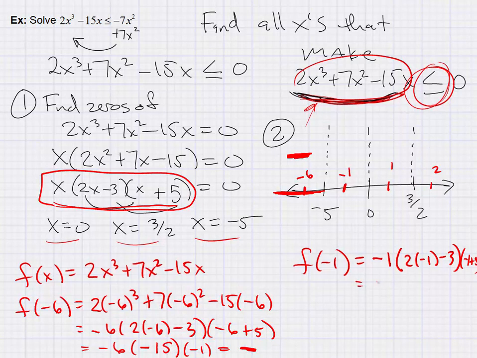So I get negative 1, this is going to give me a negative 5, and this is going to give me a positive 4. Negative, negative, positive, I get a positive value. Okay? Keep going.